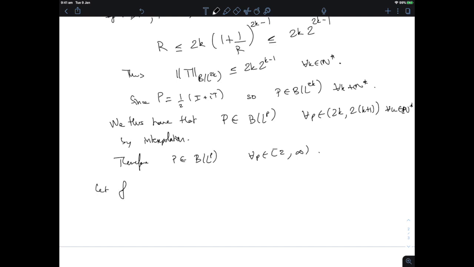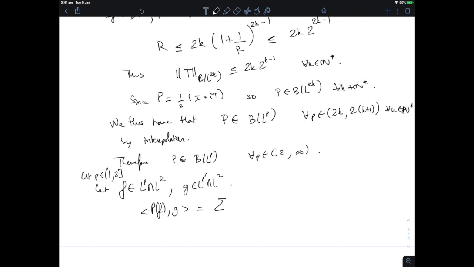Let's take an f that is in L^p. Just to make sure everything makes sense, let's also take it in L^2, and g in L^{p'} intersected with L^2, and for p below 2, so for p between 1 and 2. Right, now what can I say about the inner product of Pf with g? Well defined, everything is in L^2.